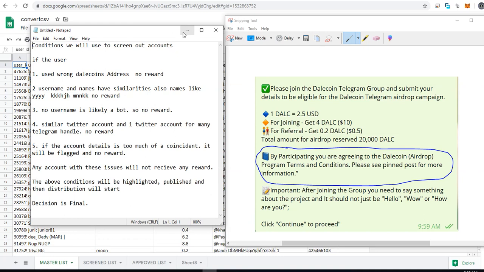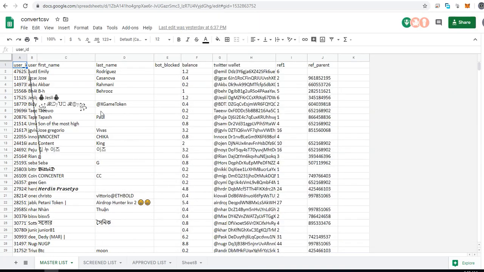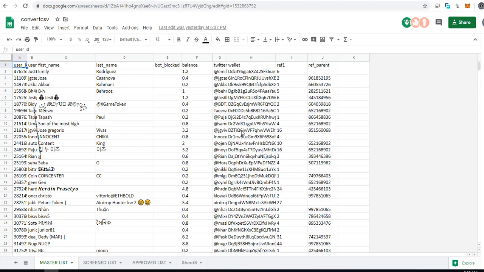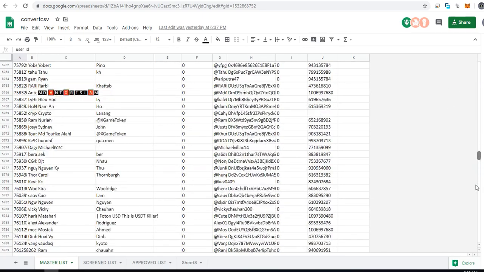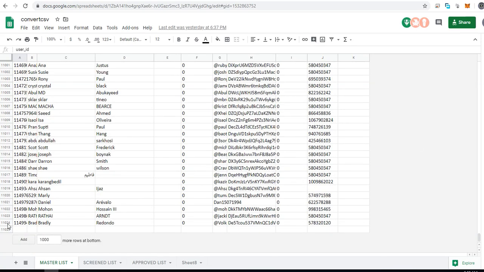Now let us show you the list we used. This is the first list we published. It's on the internet. You can check the spreadsheet. The total number of people or members that participated is about, let me scroll down for you to see, 11,024.